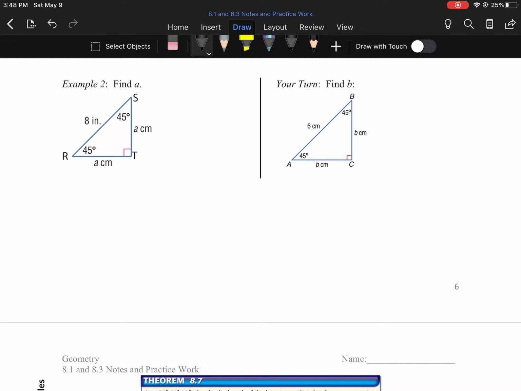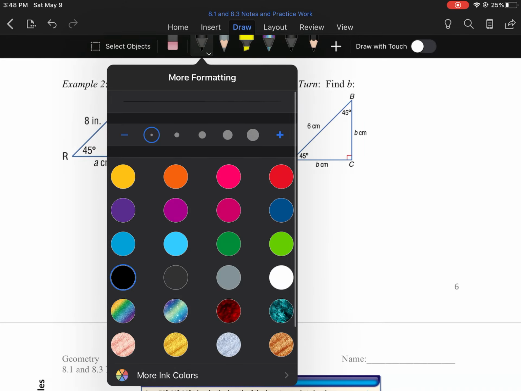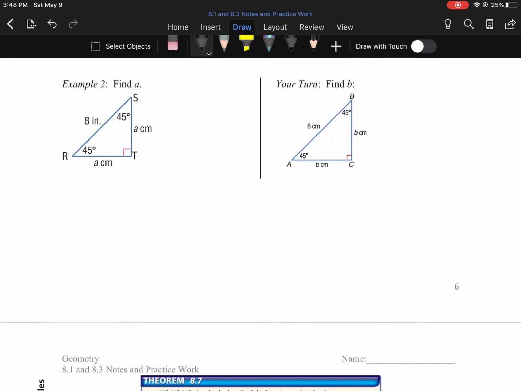So we know that the hypotenuse is the leg times the square root of 2. So we know 8 is equal to a root 2. Now you will see I have to divide both sides by the square root of 2. Doesn't work out to be so nice here.